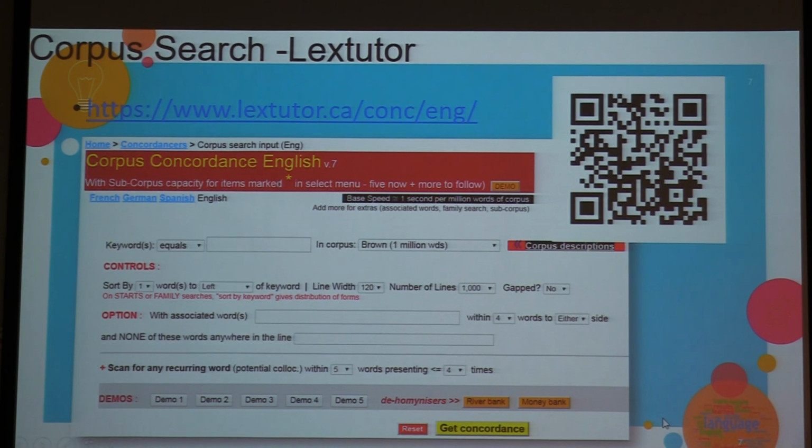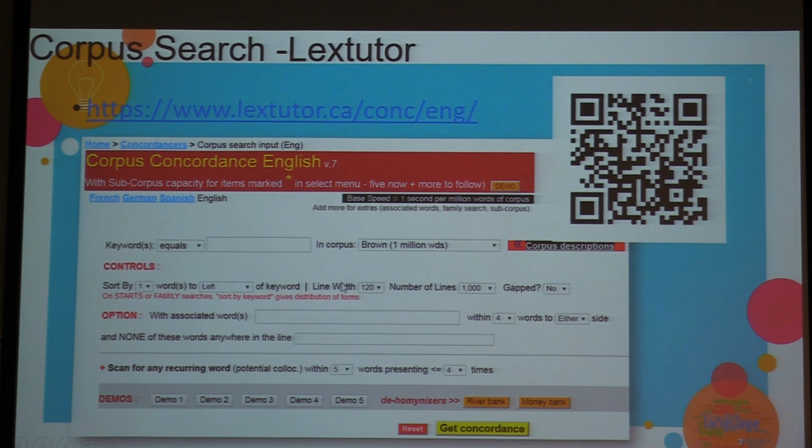Now I'm going to focus on LexTutor. You don't need to search yet; I'll give you time to search. So this is how it looks. If you want to enter LexTutor, you can follow the website, or if you have a mobile phone, you can scan the QR code and enter the website. This is how it looks.